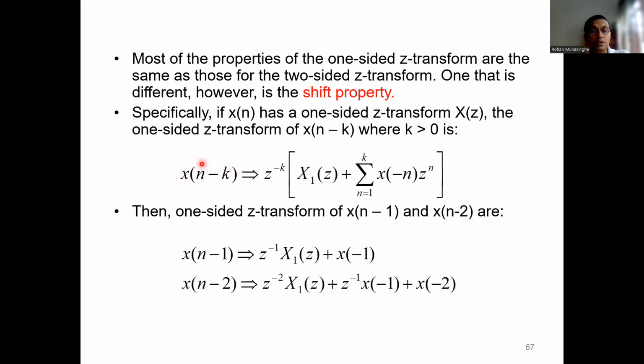This is a time sequence which is shifted by k steps to the right. Okay, so you can call this a delay. You delay the sequence by k steps.